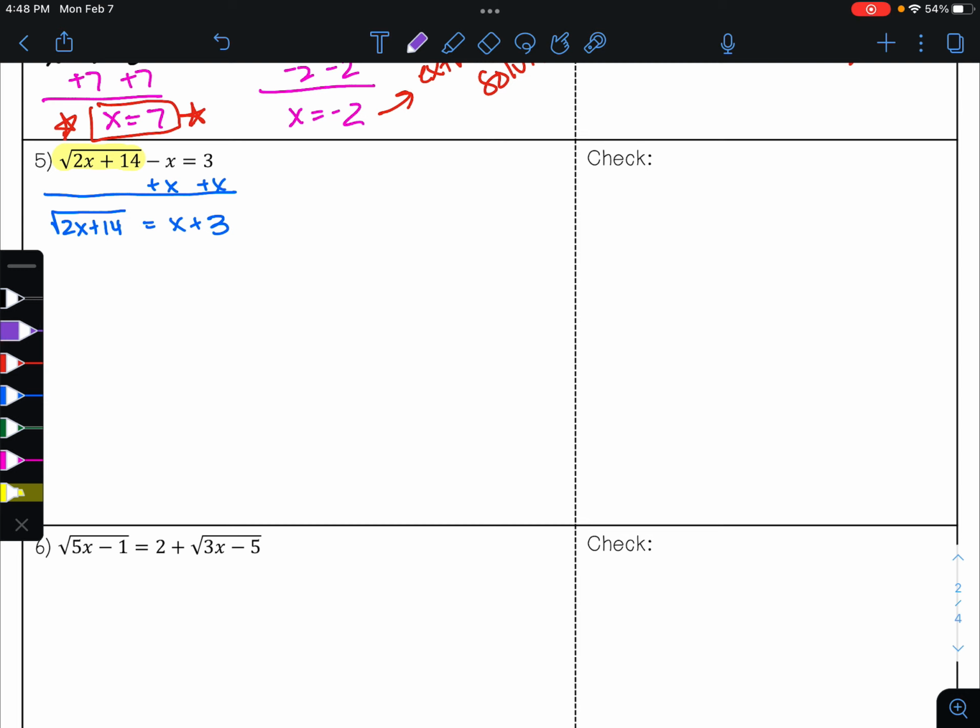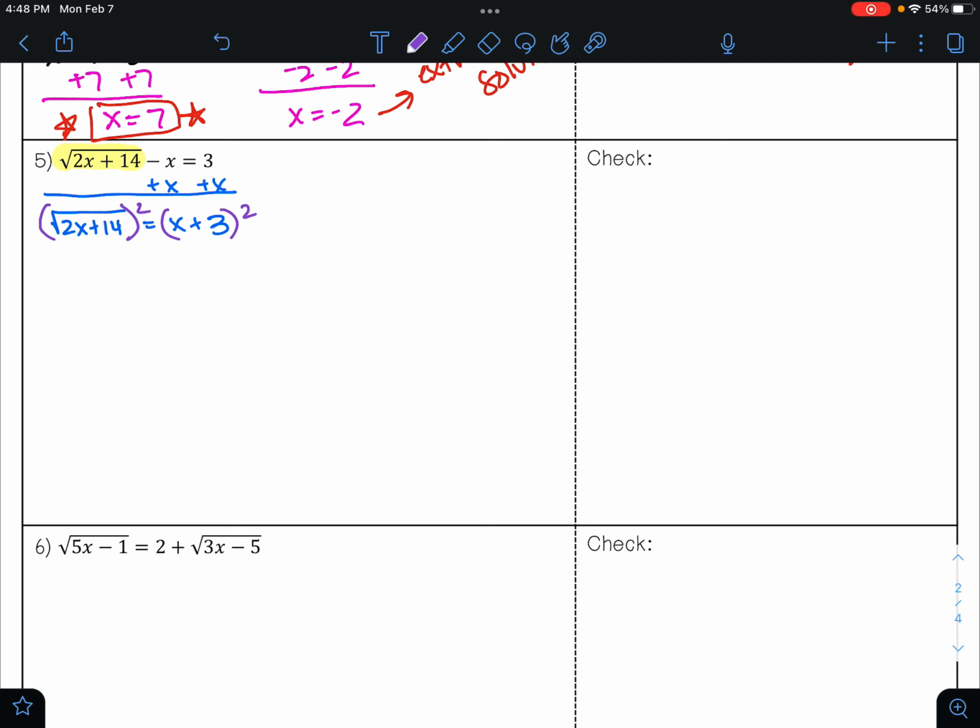Now my square root is isolated, so I can go ahead and square both sides. The square undoes a square root, and that leaves me with 2x plus 14. Over here, x plus 3 squared means that I have x plus 3 times x plus 3. If I multiply that out, I'm going to get x squared plus 6x plus 9.